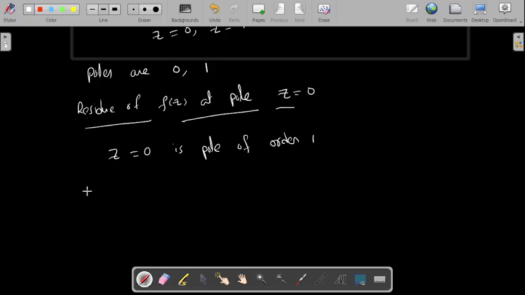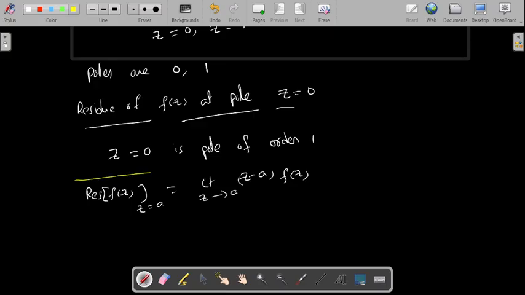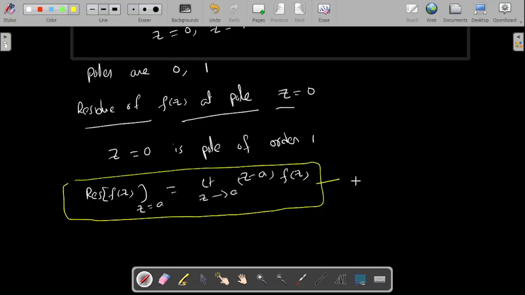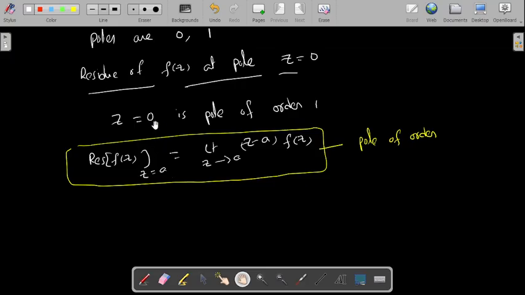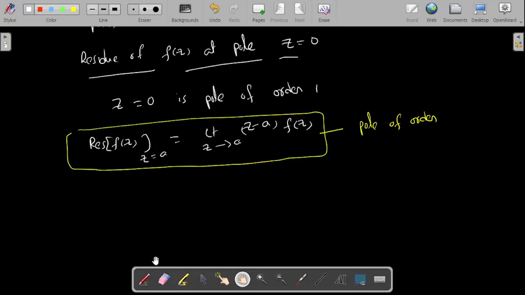So now the formula: residue of f(z) at z equals a is equal to limit z tends to a of (z minus a) into f(z). This is the formula when the pole is of order 1. Here the pole is z equals 0, that means a equals 0.